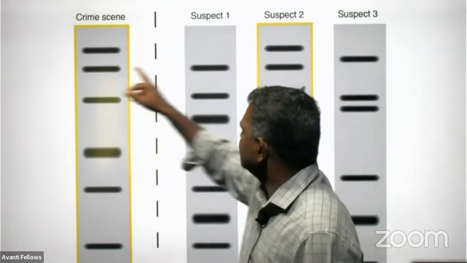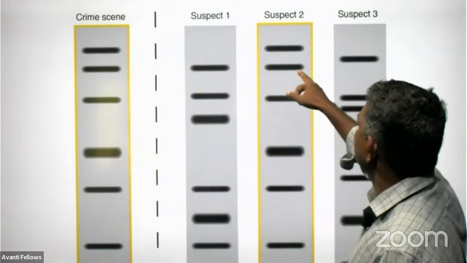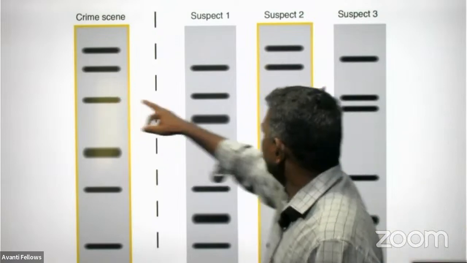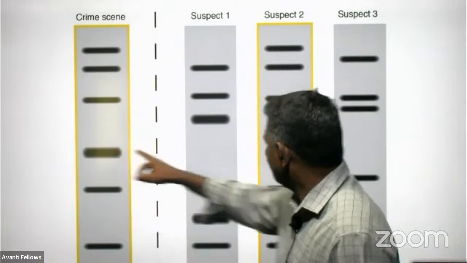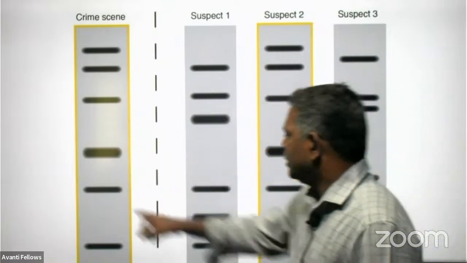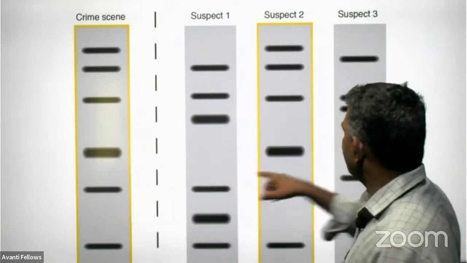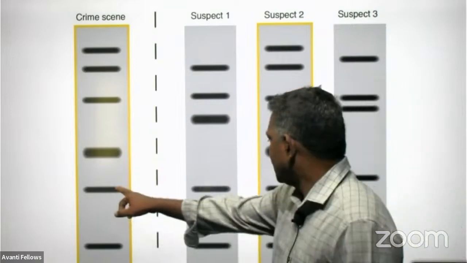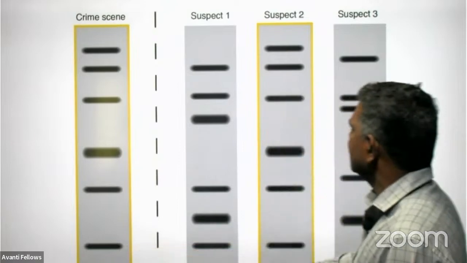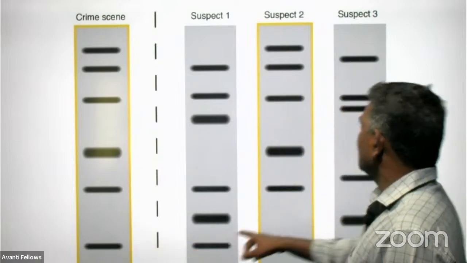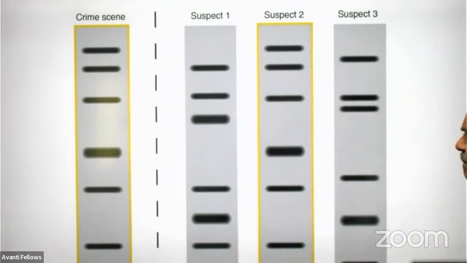This band you can find only in suspected person number 2. This band is there in number 1 and number 2. This one is there in only number 2 and number 3. This band is present only in number 2. This band is there in number 1 and number 2, and here this band is there in suspected persons number 1 and number 2.